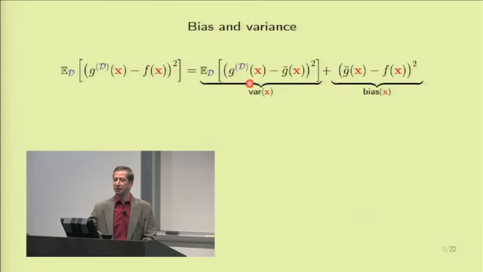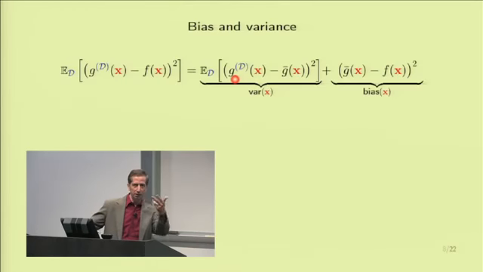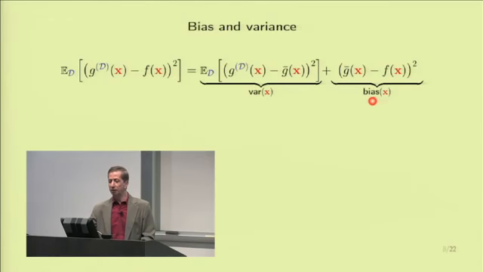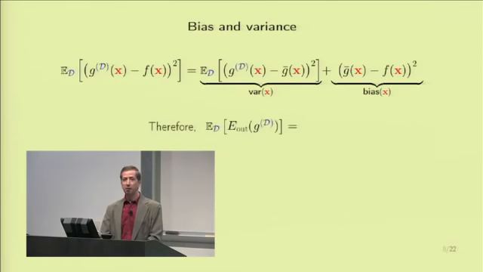Because the expected value of this fellow is g bar, and I'm comparing the difference squared with this, it is properly called variance. This is the variance of what I am getting due to the fact that I get a finite data set. Every time I get a data set, I get a different one, and I'm measuring the distance from the core that I get here. So this will be called the bias, and this will be called the variance. This is very clean. Now let's go back and put it into the original form. Remember this guy?